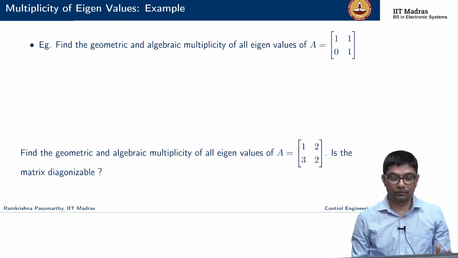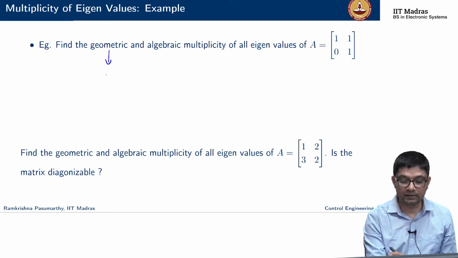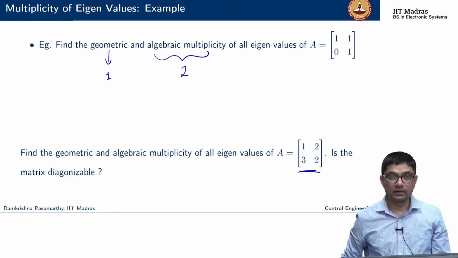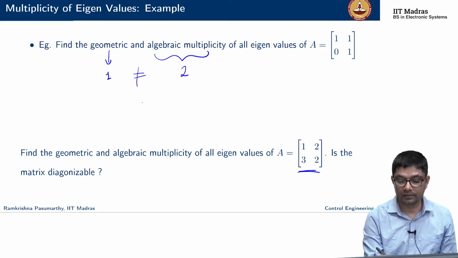So that's what we did in an example. In the same example, geometric multiplicity is 1 and algebraic multiplicity is 2. Because the algebraic multiplicity is not equal to the geometric multiplicity, this matrix is not diagonalizable.